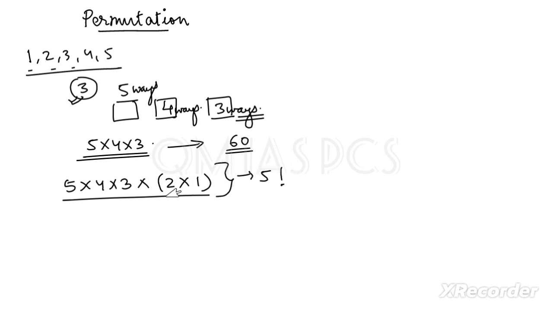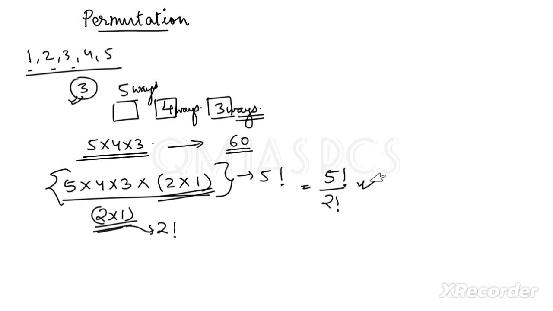But we have written 2 multiplied by 1 extra, so we have to divide by that number, 2 multiplied by 1, which is factorial 2. So the complete result is factorial 5 divided by factorial 2, which gives the same result, 60.